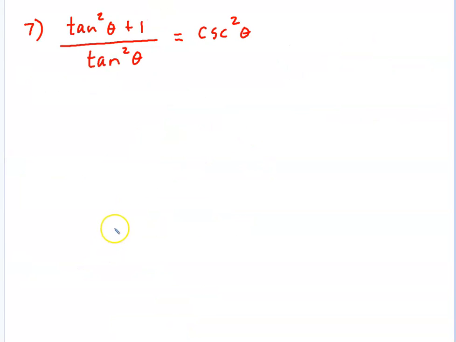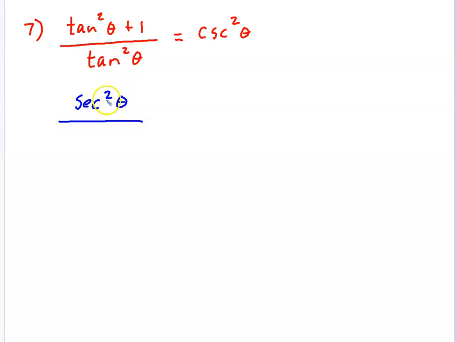All right, here is problem number 7. I went ahead and wrote the problem up from your book. So let's think about this time, the left side looks like the more complicated side, so I'm going to turn it into the right side. So thinking about our identities, remember that tangent squared theta plus 1 is equal to secant squared theta.